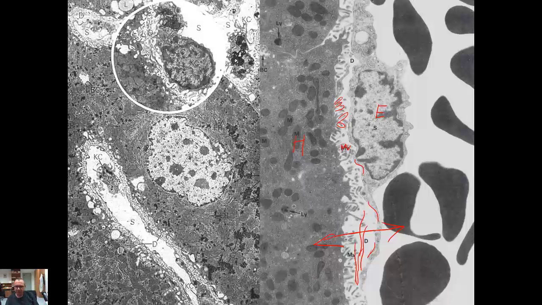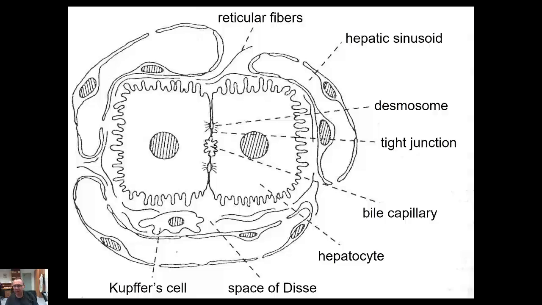Here is a small magnification of the same structure, and I'll go back to the previous picture. Here is the schema of this situation. So this is a cord of hepatocytes composed of two hepatocytes with bile canaliculus or bile capillary in the center.